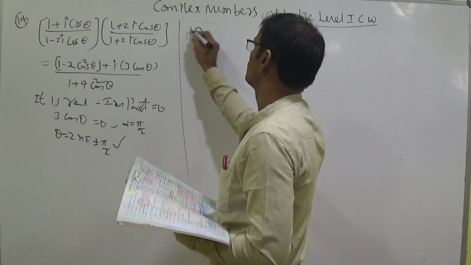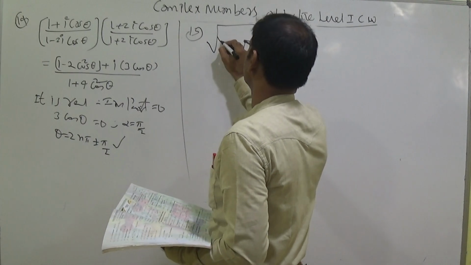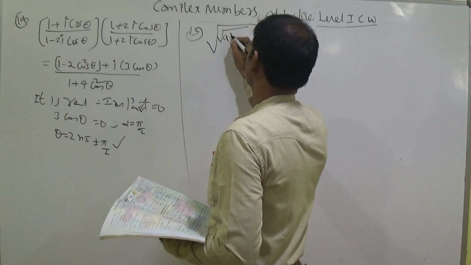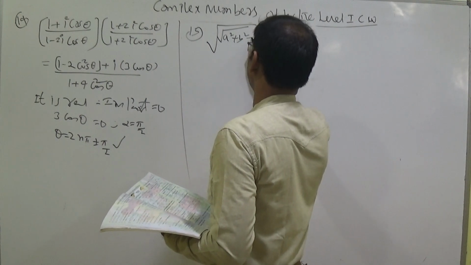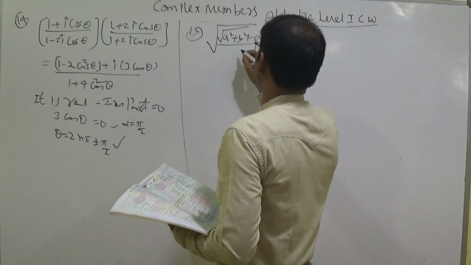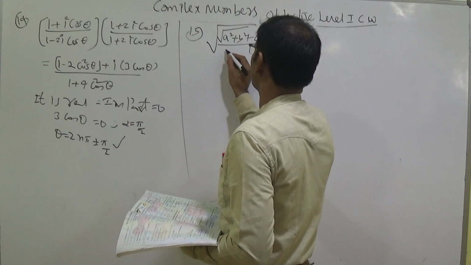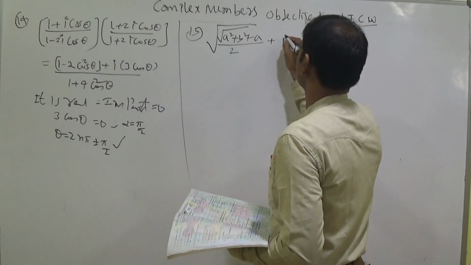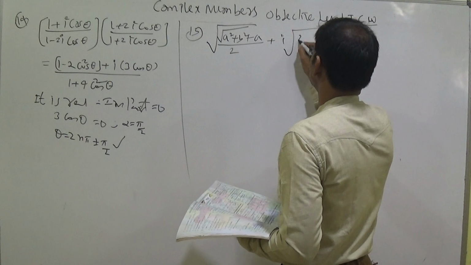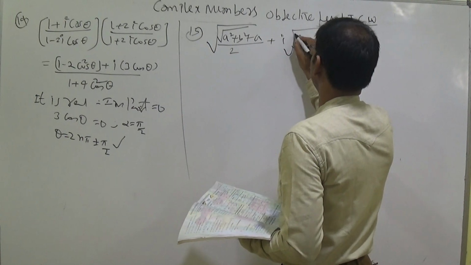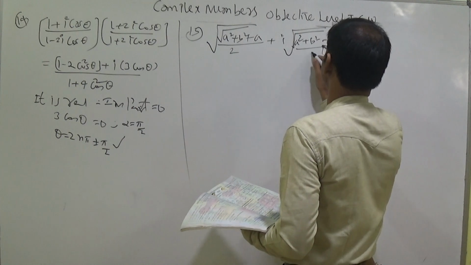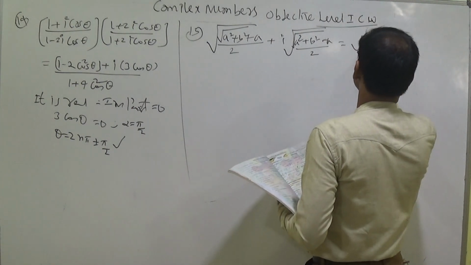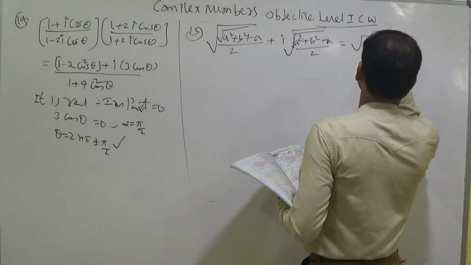15th one, let us remember the value of root a like this. Root of (square root of a square plus b square plus a) by 2, plus I into root of (square root of a square plus b square minus a) by 2. This is the value of root of a plus ib.